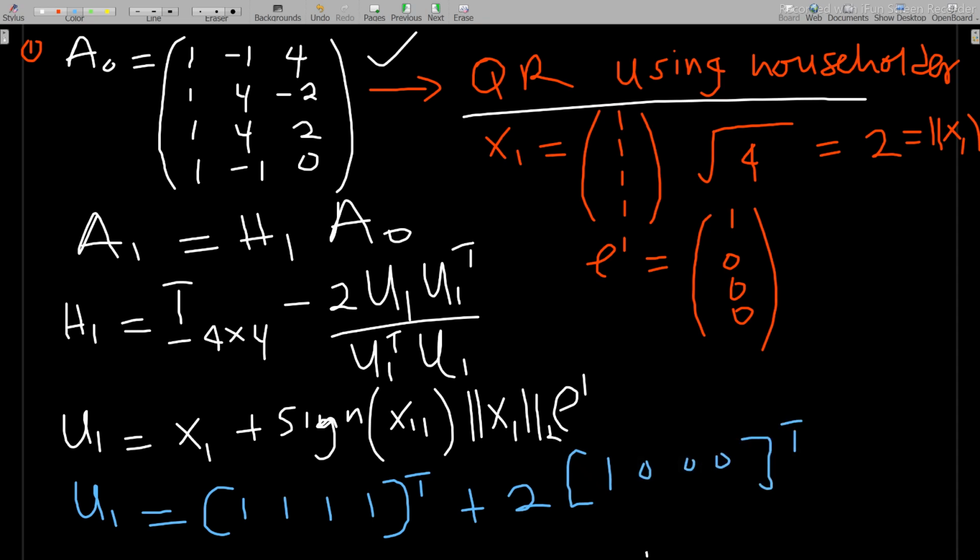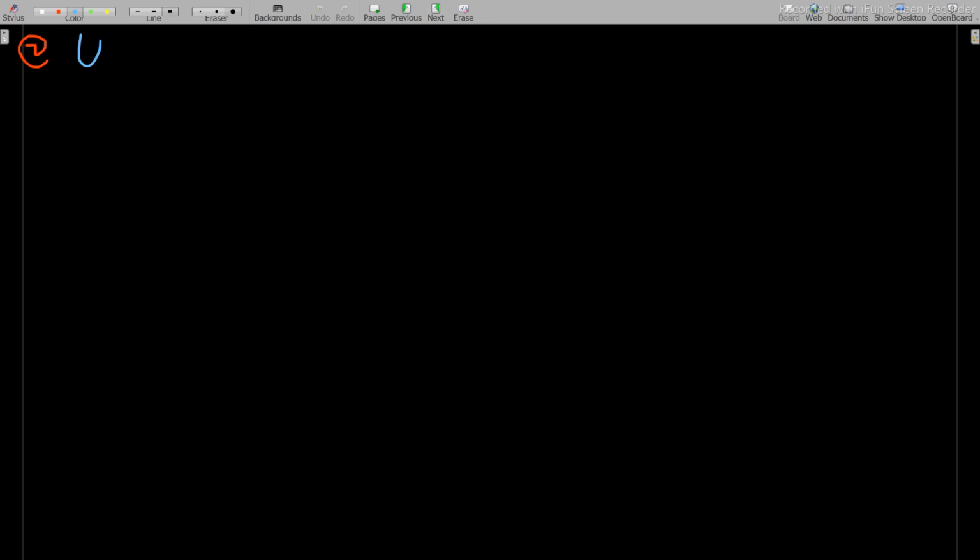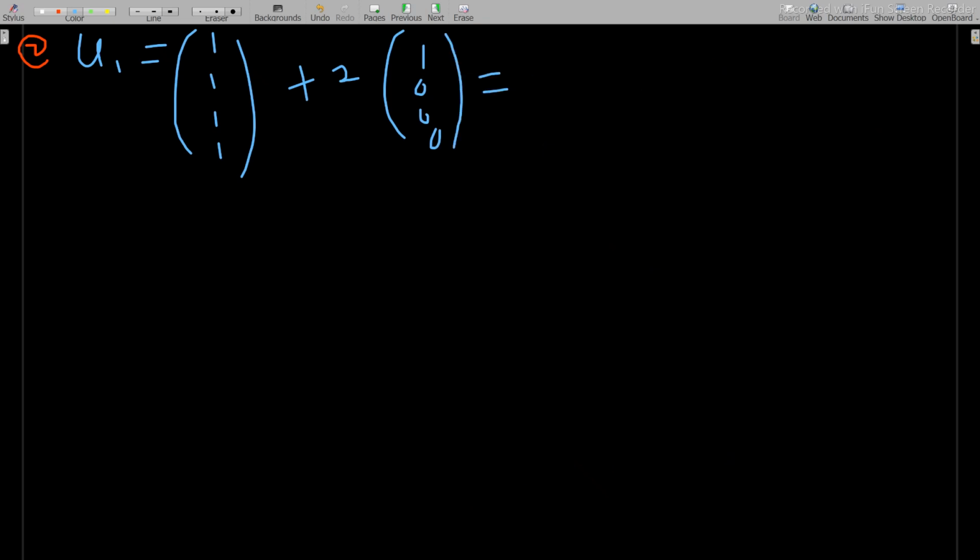This is what I mean. Let me rewrite it so that you see what I'm trying to say. This is the transpose of what we wrote there, so 2 times 1 0 0 0, and this will give us 3 1 1 1. This is my u1.